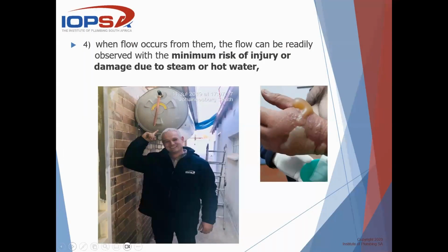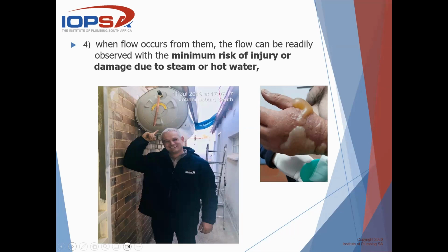So a very important picture, and you'll see there's a picture of me at the bottom on the left-hand side there, and I think I'm going to take a few minutes on this slide because it's a very important slide. And for plumbers out there, it's important to note that when a TP valve opens and it discharges, that discharge happens probably under temperature around about 94 degrees plus minus.